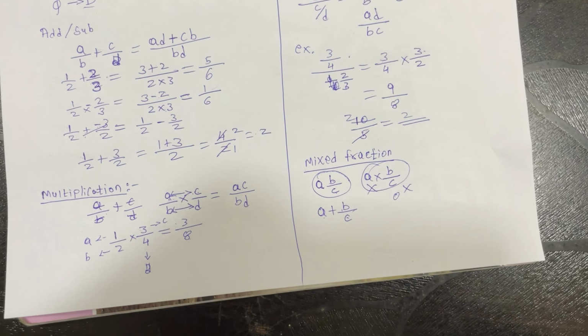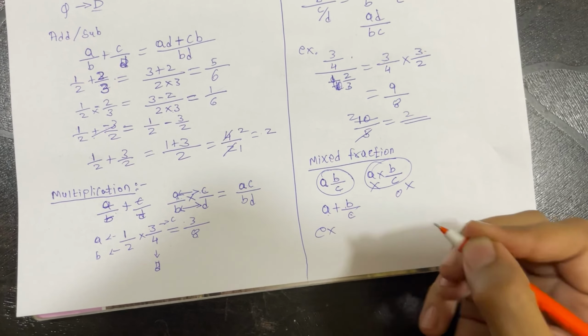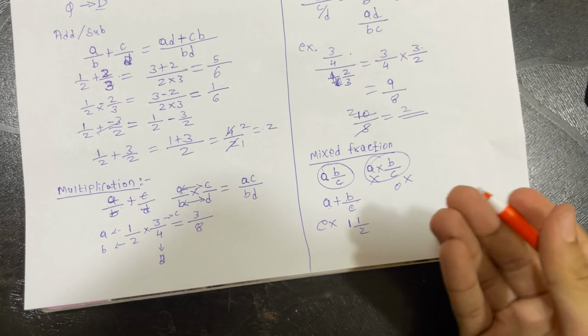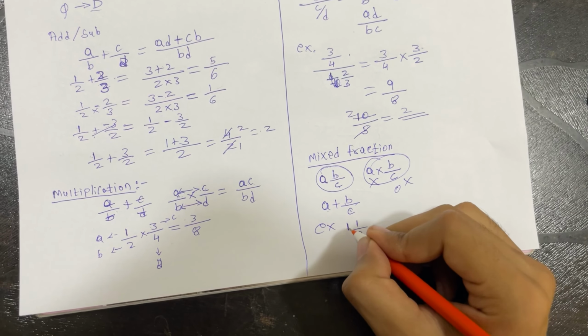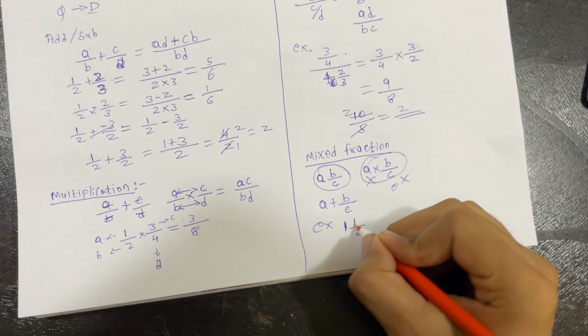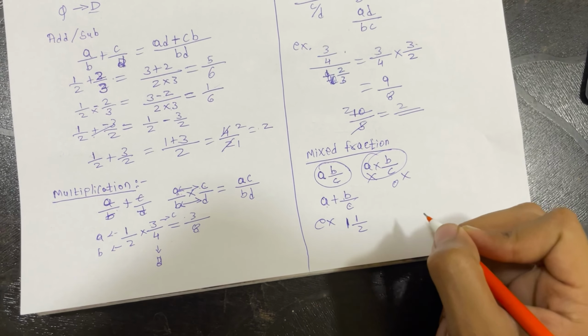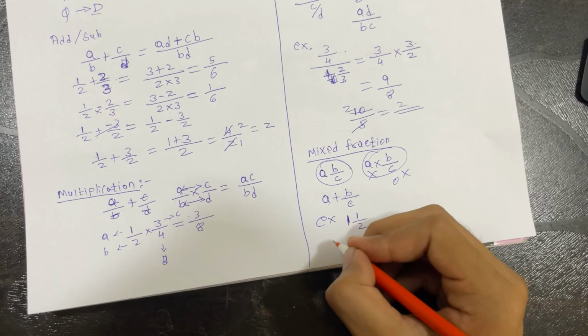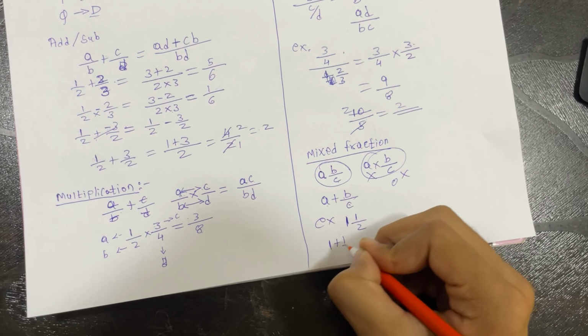Okay, so let's take an example. It is given 1 and 1 by 2. Now some students will make a mistake and just multiply this 1 by 1 and then they will write 1 by 2. So that's a wrong method. So we have to just split it and write 1 plus 1 by 2.